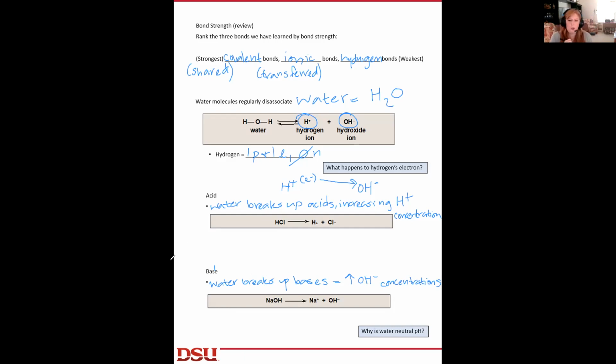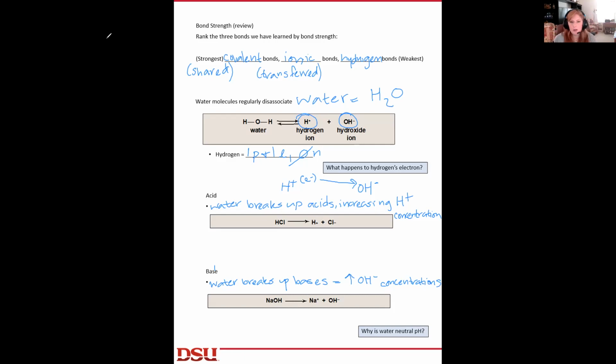All right, so why is this important? Well, basically, water can help to, when needed, keep things balanced pH-wise. Water itself is neutral. Here's the question, why is water neutral?